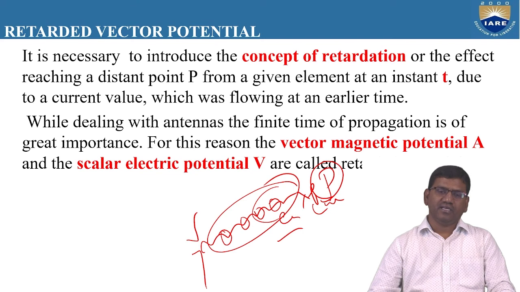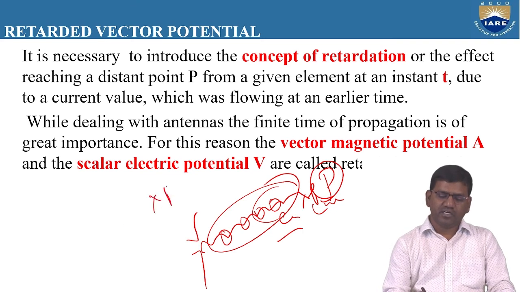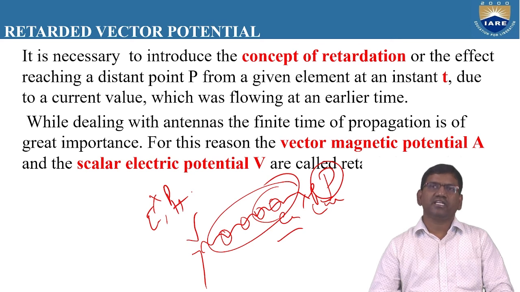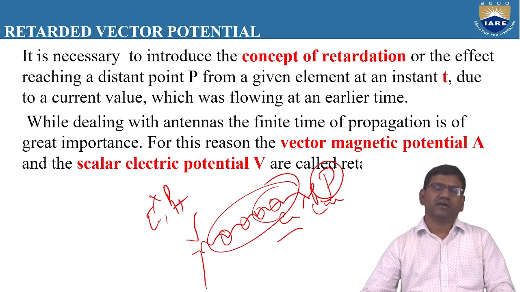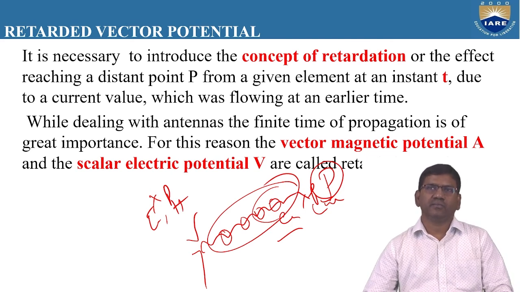A moving electric charge will produce two types of fields, electric field and magnetic field. The potentials produced by these electric and magnetic fields we call the retarded potentials.